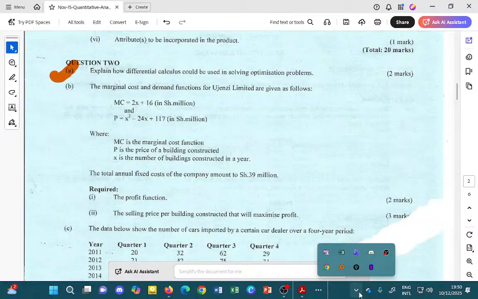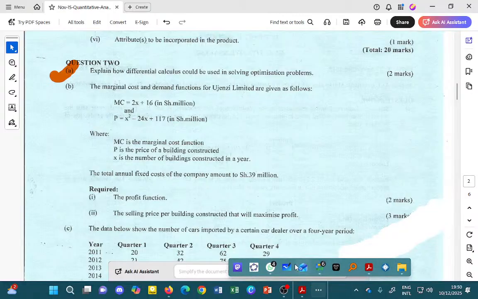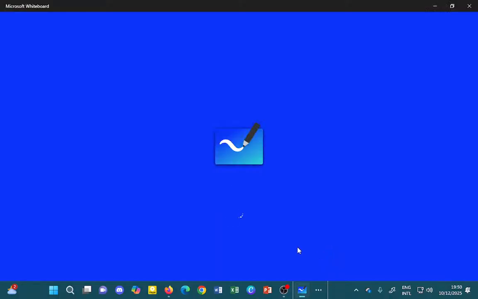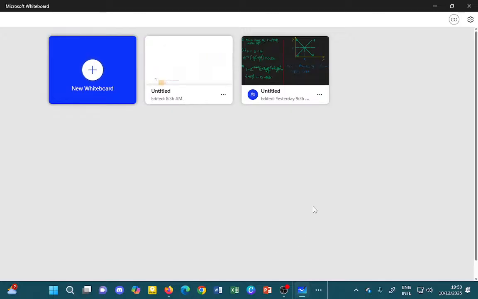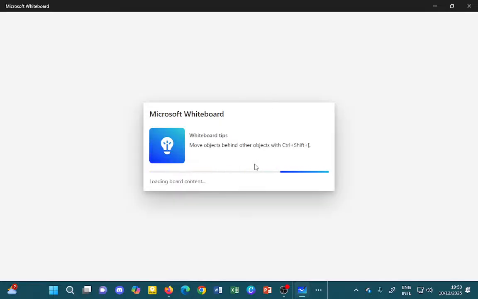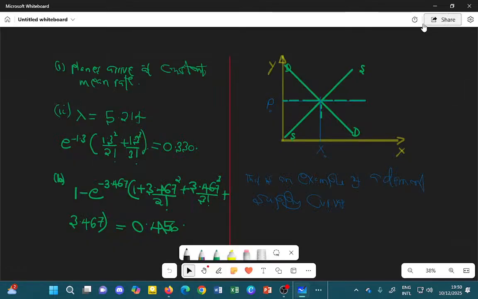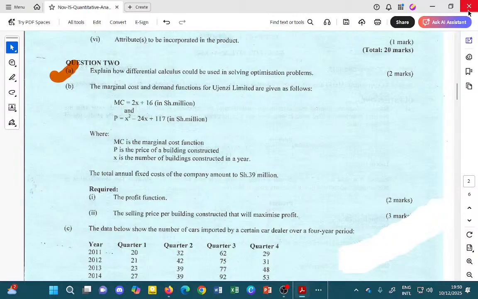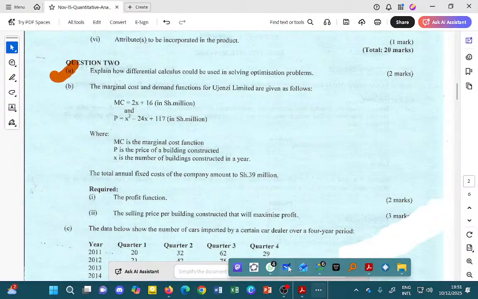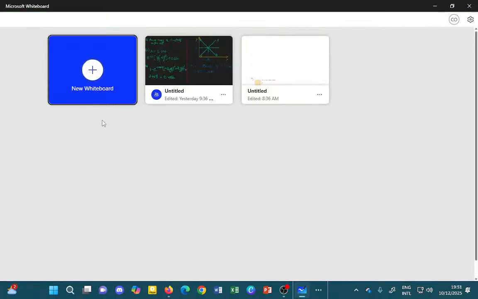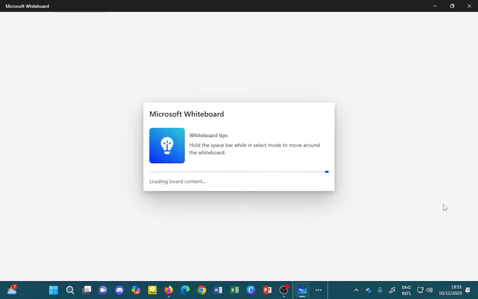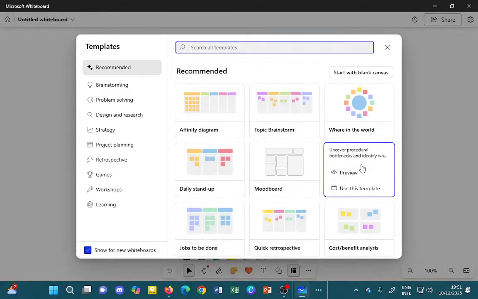But first, before I get there, I needed to set up the environment where I want to do the rest of the session. So I'll grab Microsoft Whiteboard. I'll just get a new one. So I need a new whiteboard.